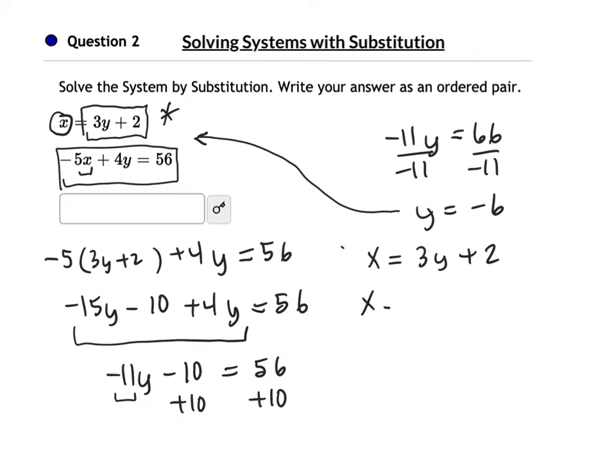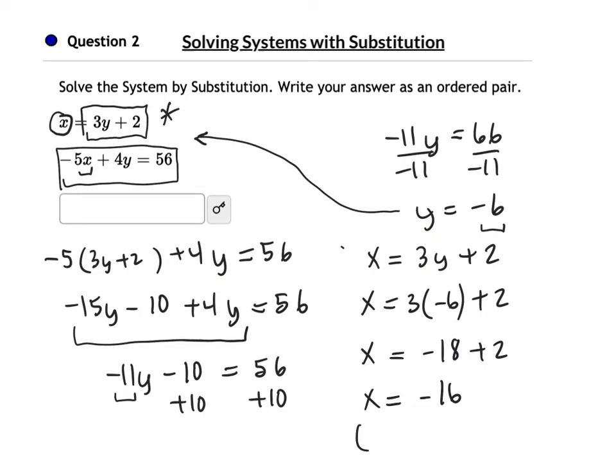Now replace the y with negative 6. 3 times negative 6 plus 2. X equals negative 18 plus 2. That means x equals negative 16. Our answer, as always, is an ordered pair in alphabetical order. X, then y. X is negative 16, and y is negative 6.